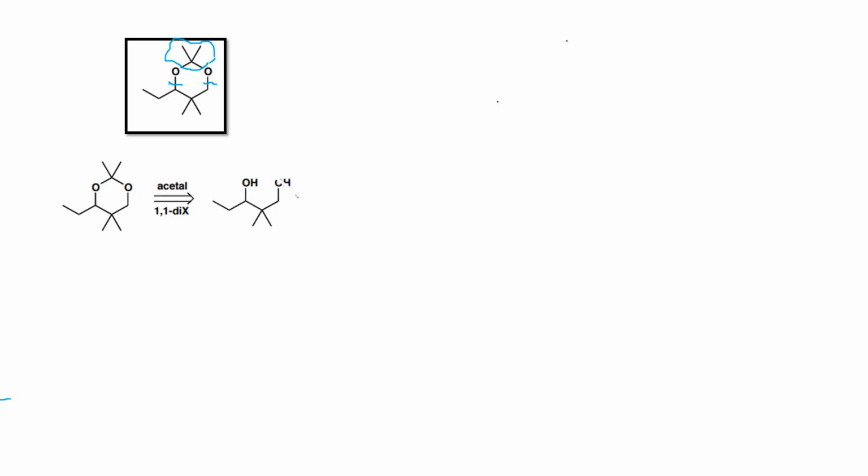So the first step is that we are just deprotecting this acetal group. We are getting 2 OH and 1 molecule of acetone.